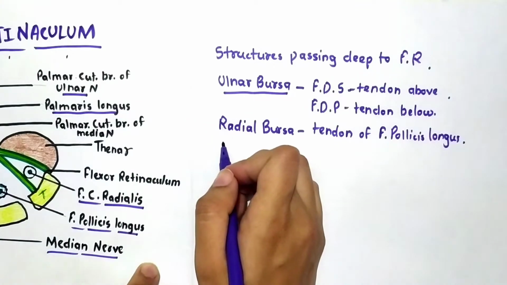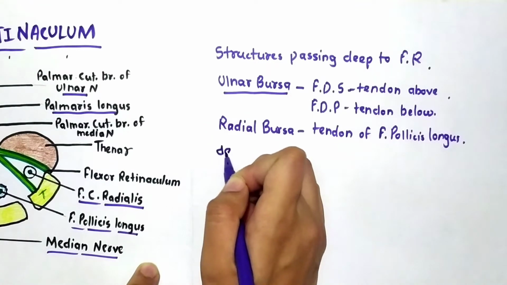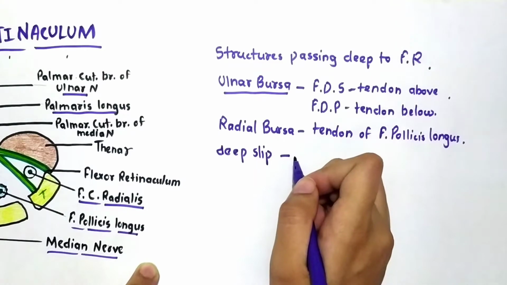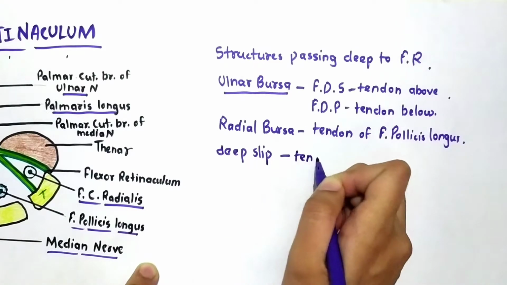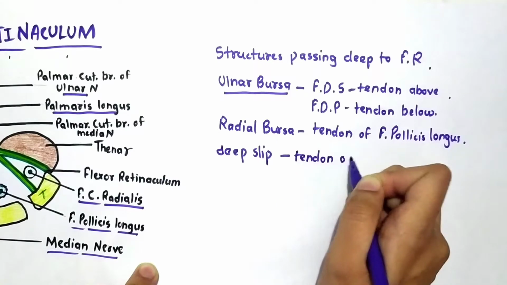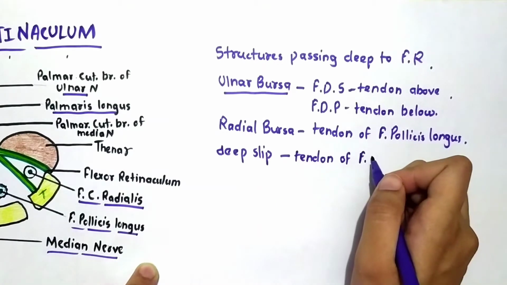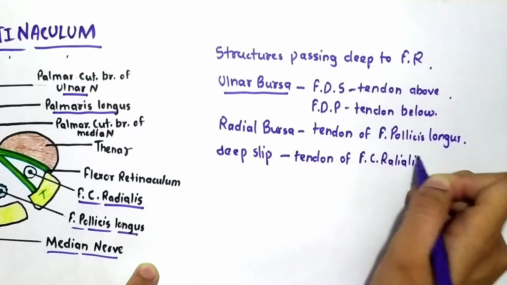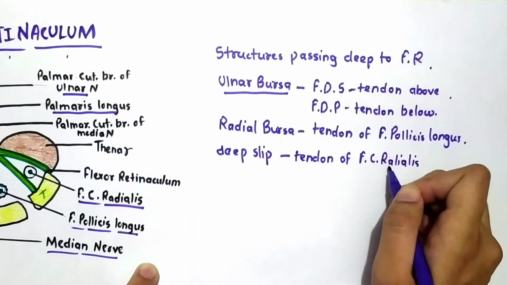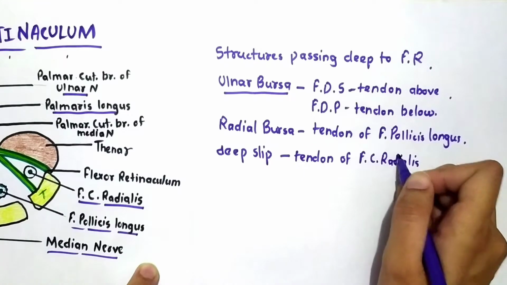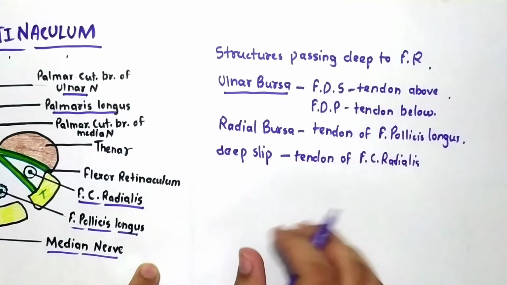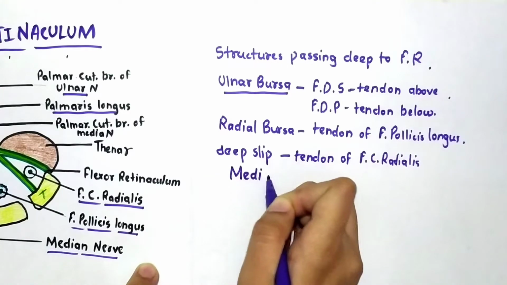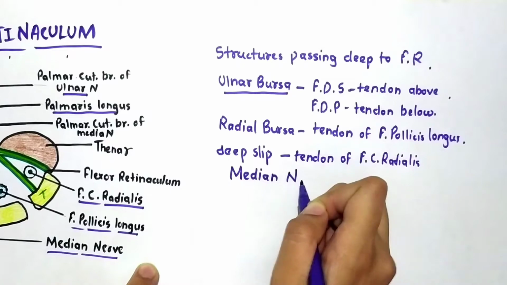Then in the deep slip there is the tendon of flexor carpi radialis muscle, and then there is one nerve which is the median nerve.